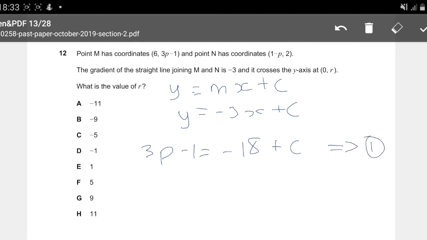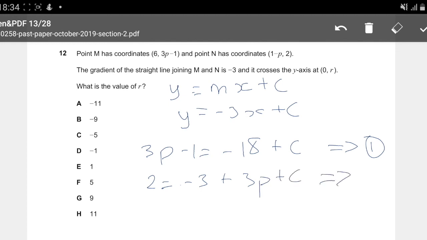And now I'm going to do the equation for the coordinates at point N. So I'm going to do the simplifying again. So 2 is equal to minus 3 plus 3p plus c.